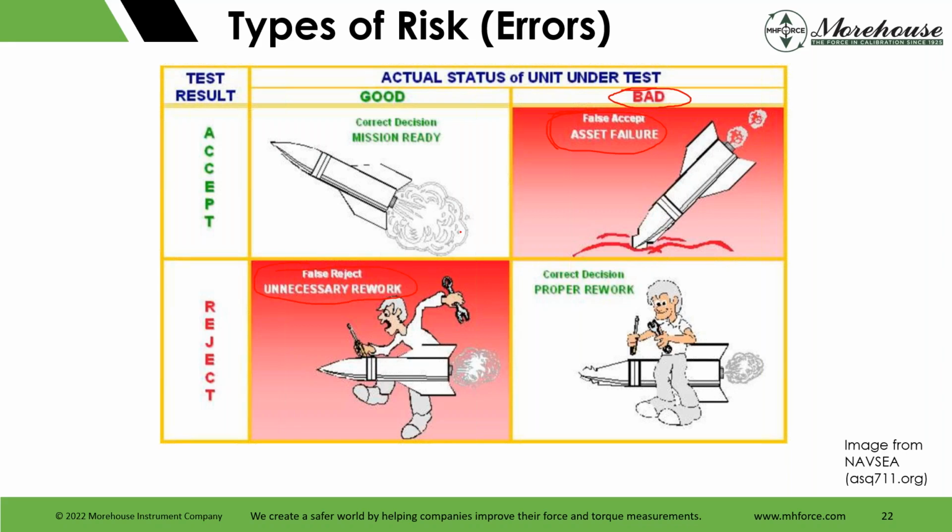that is unnecessary rework. So over here, this is our PFA, right? This is saying we said something is good when it's actually bad. And on false reject here, this is our PFR. We said something is bad when it's actually good. So we did rework.